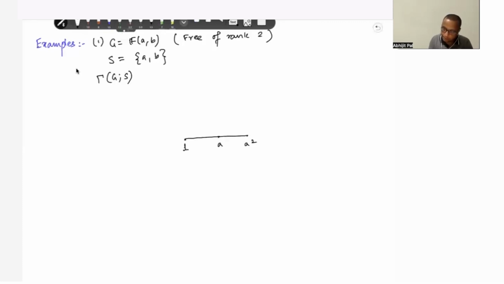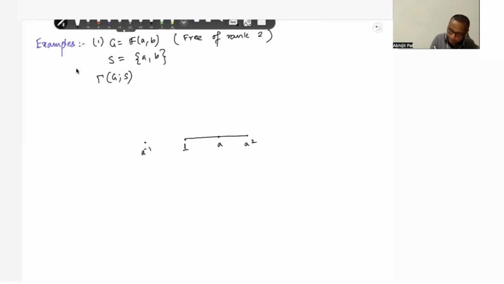And note that if I take 1 and a squared, 1 inverse a squared is equal to a squared, so that does not belong to S. So you will not get any edge between 1 and a squared. Now let us take a inverse.